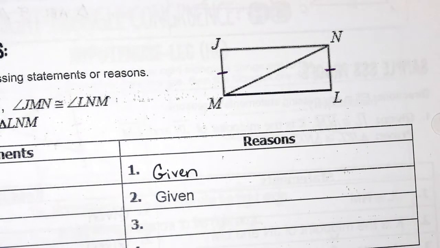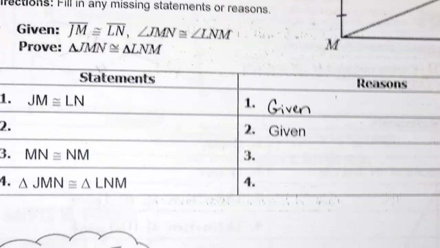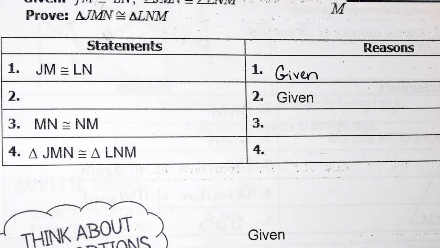Then after that, Parker. The next line, our statement is missing, but the reason is given. What would you write there for your statement? Okay, Devin, come back to you.